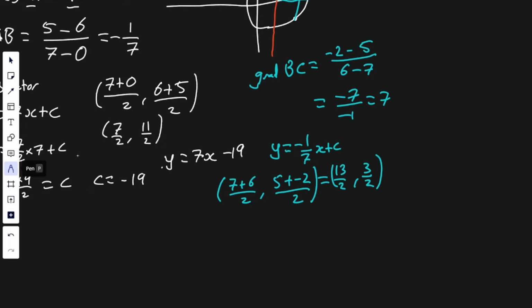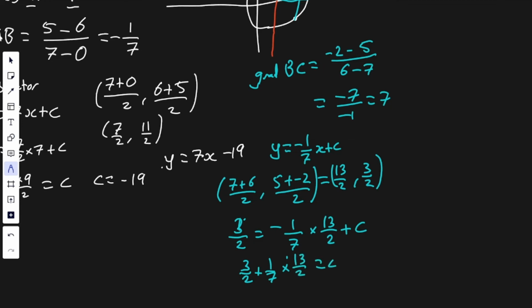So then we can put this into our equation, giving us 3 over 2 equals minus a 7th times 13 over 2 plus c. Adding that to the other side, we get 3 over 2 plus a 7th times 13 over 2.